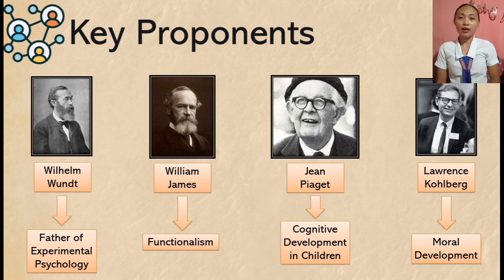Someone with a more developed sense of morality might be less likely to commit a crime because they understand the consequences of their actions and the impact on others. So, these psychologists all help us understand how our minds work and how that affects our behavior, including whether or not we might do something wrong.